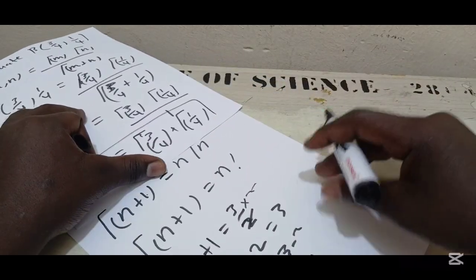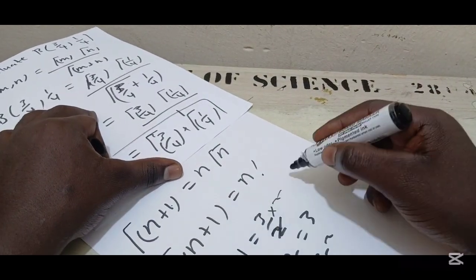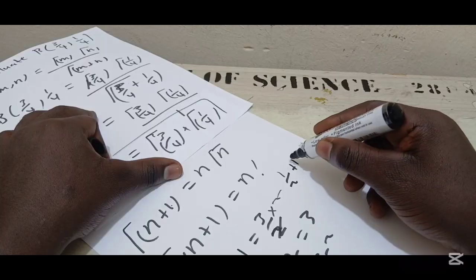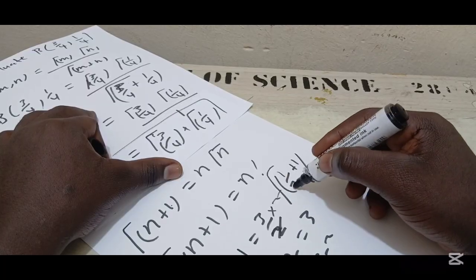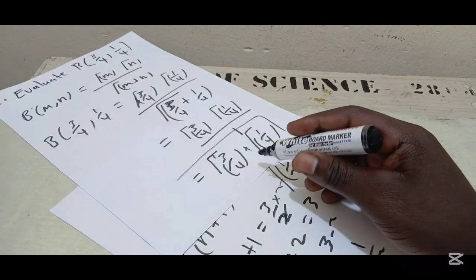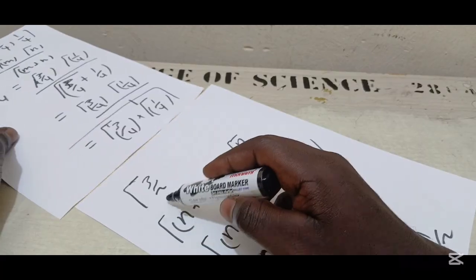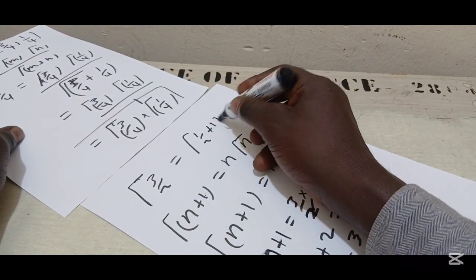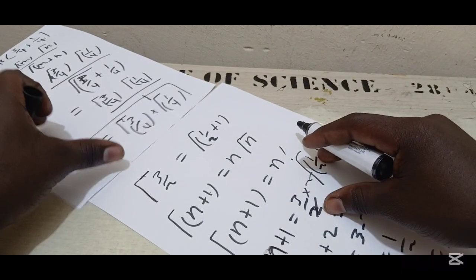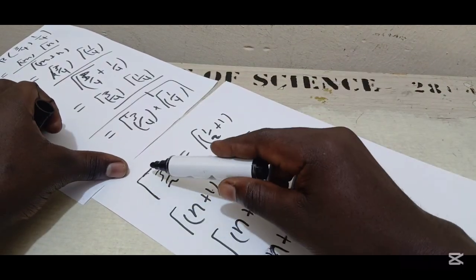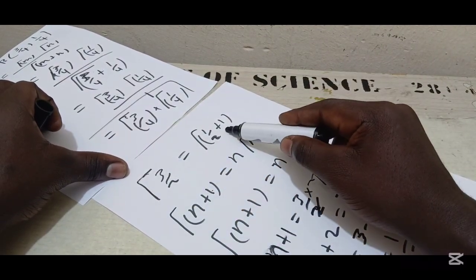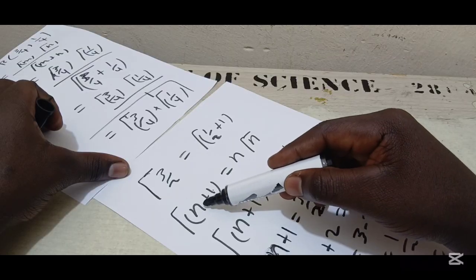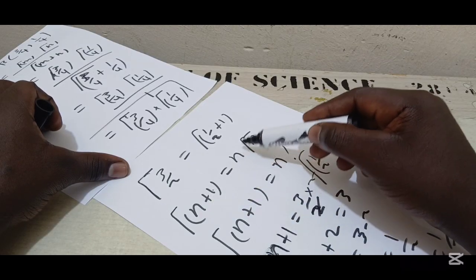So now we know that our expression here is half plus 1. So gamma half plus 1 is the same as gamma 3 on 2. Now that we are able to manipulate this into this form, we can just go ahead and say that gamma n plus 1 is equal to n gamma n.